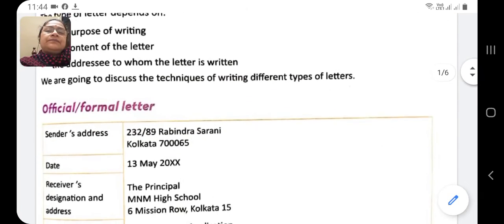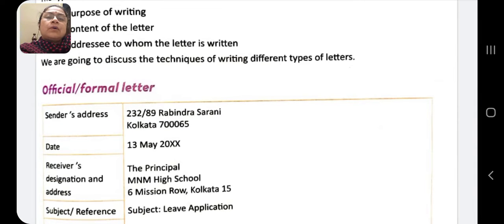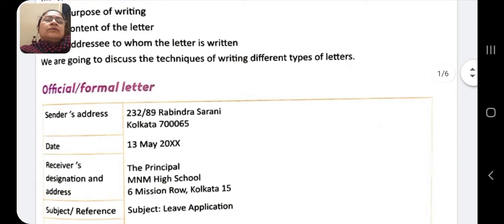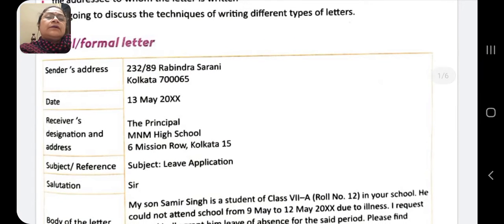Now here is the given format of an official or formal letter. See, at the beginning, in the left hand corner of the letter, you have to write the sender's address. Then comes the date, and the date should also be written clearly, like here as shown, 13th May 2020, suppose. Then the receiver's designation and address.